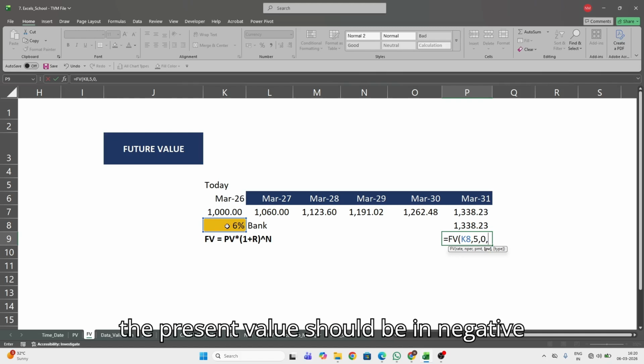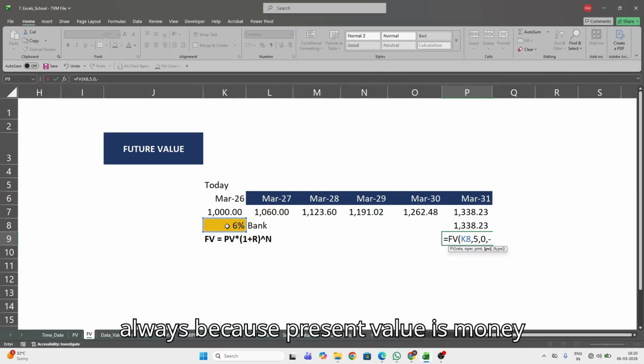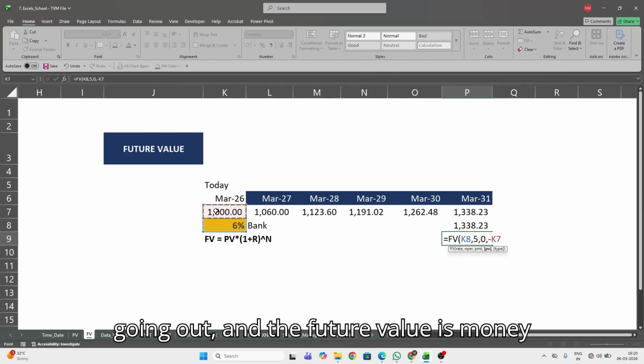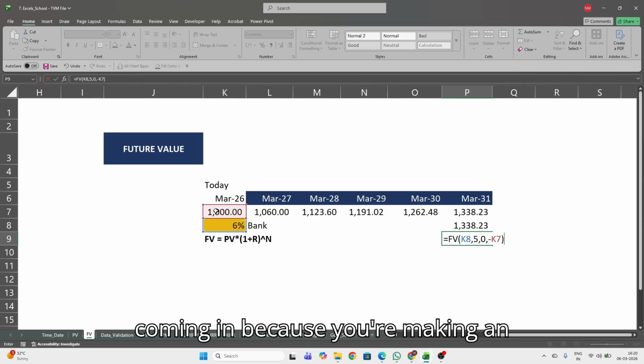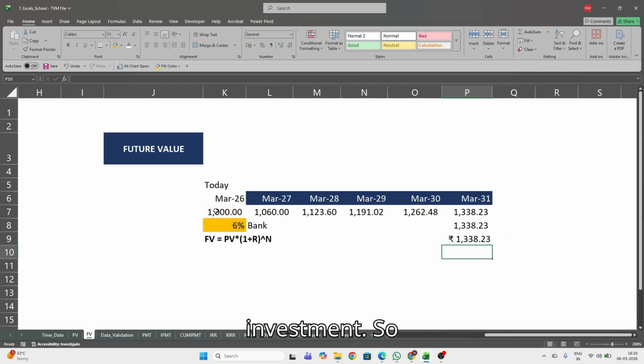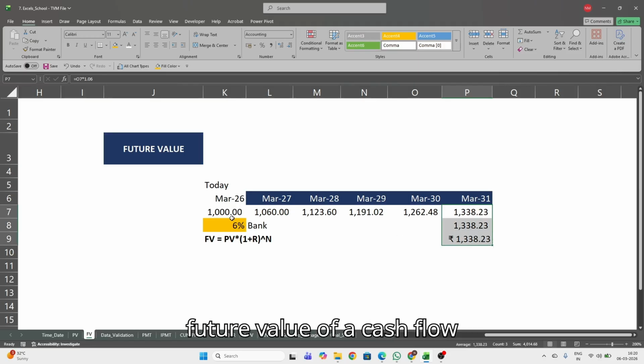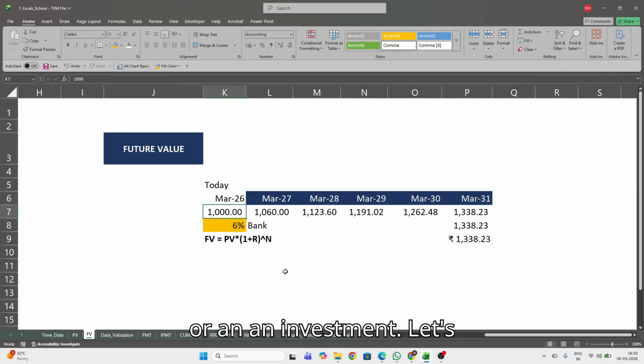And the present value should always be negative, because present value is money going out, and the future value is money coming in because you're making an investment. So the final amount is again the same amount. So these are three methods to calculate future value of a cash flow or an investment.